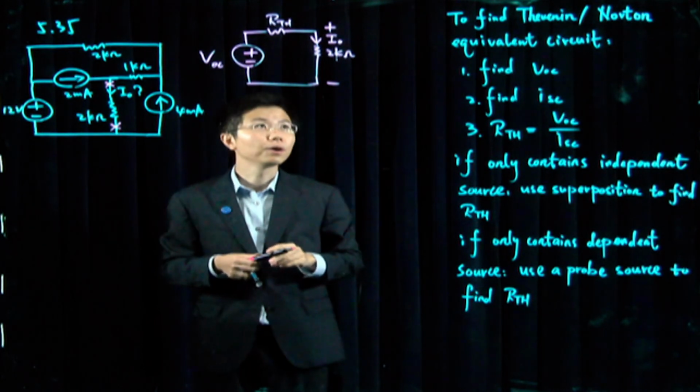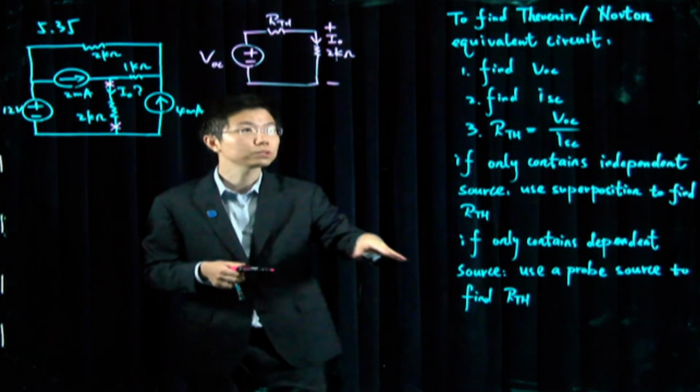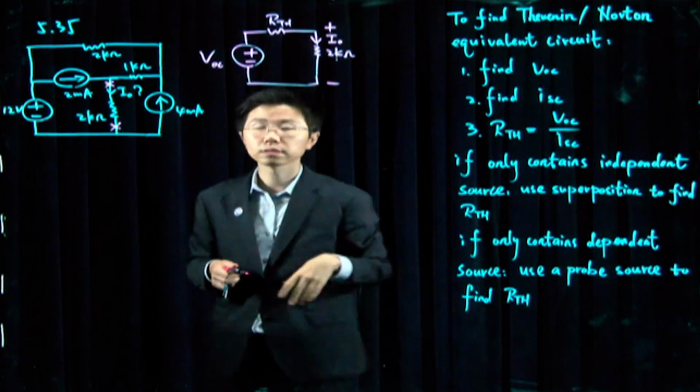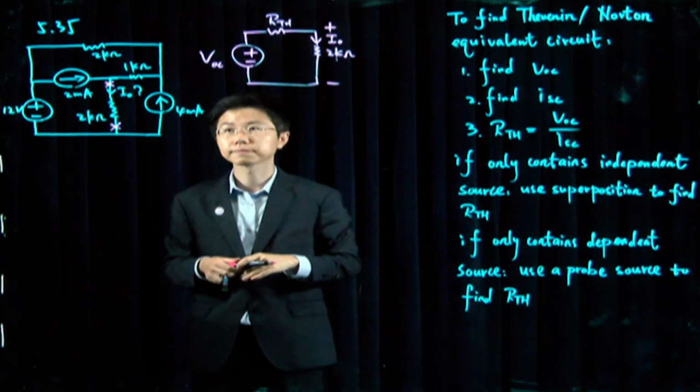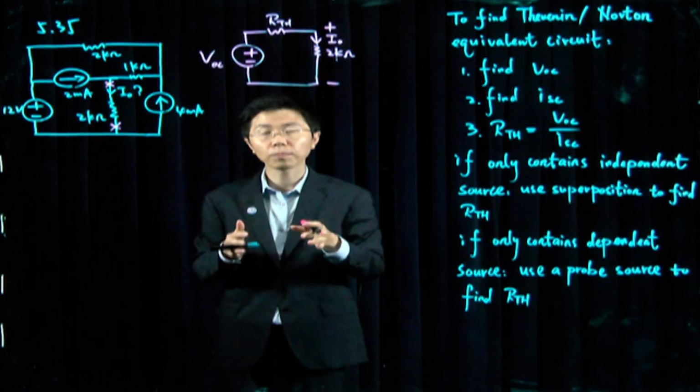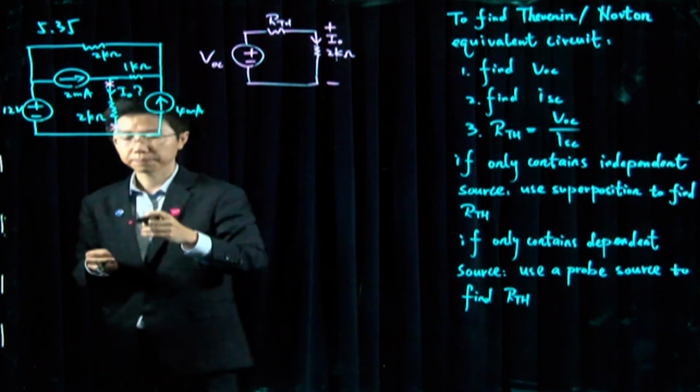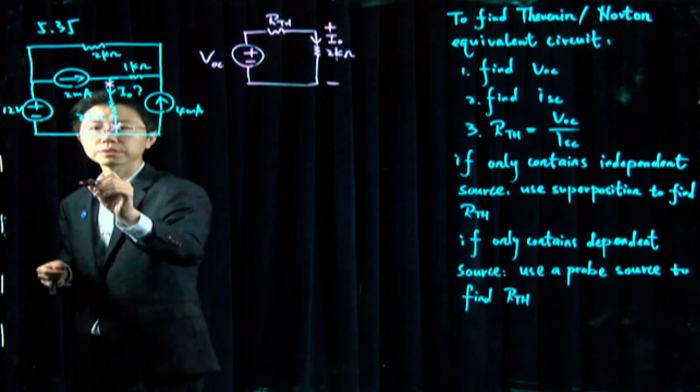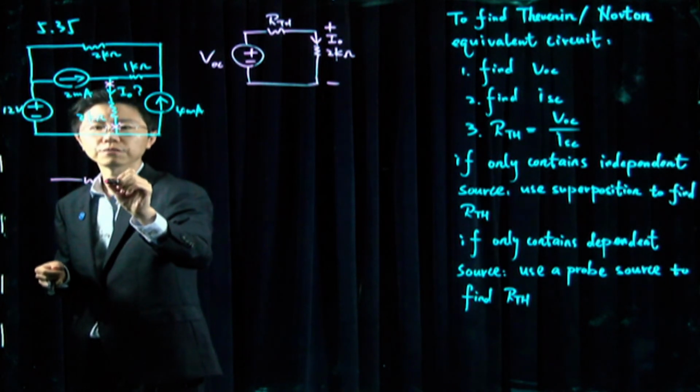For this first question, let's apply these general rules, this three-step procedure. We're going to start by finding VOC, the open circuit voltage in the circuit. Now let me redraw this circuit for this purpose.